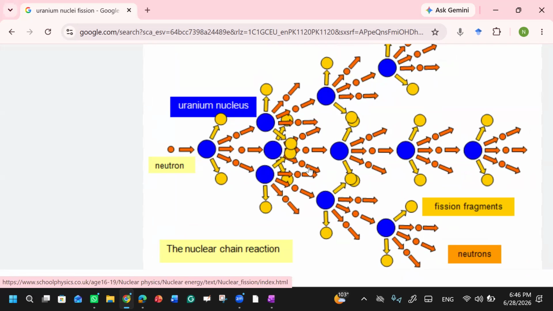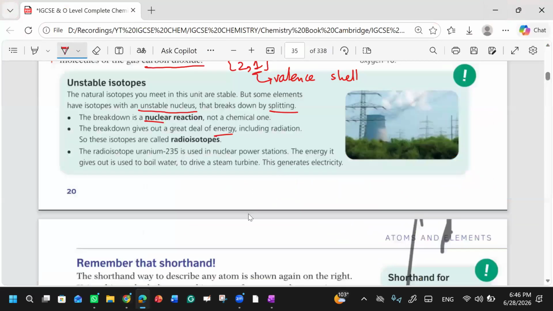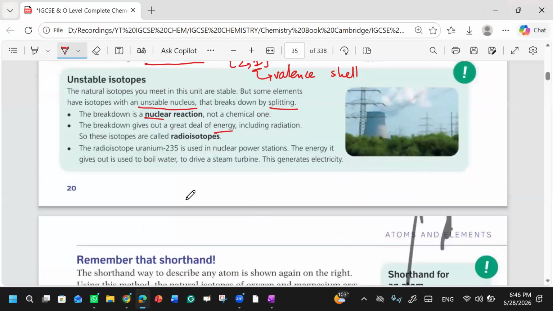So these are based on uranium, and uranium is a radioisotope. All the things I was telling you were to convince you about radioisotopes. Radioisotopes have a great deal of energy. The breakdown gives out a great deal of energy, including radiation. So you see in the picture, when the neutron was attacking the uranium, what was happening?